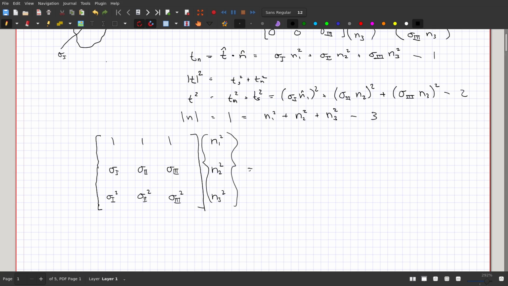And that's equal to 1, Tn, Ts squared plus Tn squared.